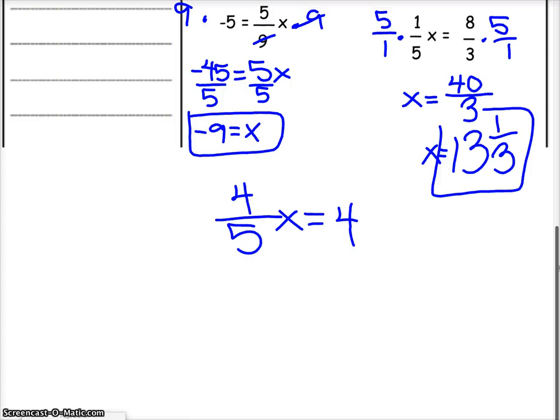The bottom number is representing division. This is 4 divided by 5. To get rid of divide, you multiply both sides. That cancels out the 5. I'm left with 4x equals 20. And then you can easily solve, x then is 5. You could multiply through by the reciprocal, but right now I want you to practice this trick.